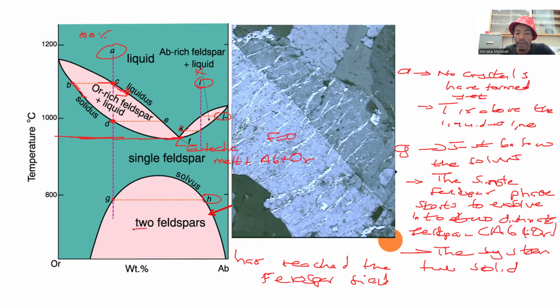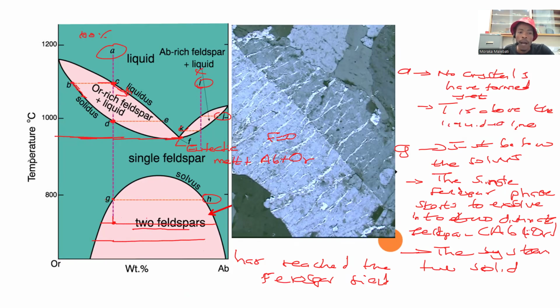This is the two feldspar field now. Okay, and then of course, you guys always know, which is why I'm saying that if you haven't yet visited our video on the binary, wherein we're explaining things like the lever rule. So at any point in time, say you are here, you'll be able to understand how much of the albite do I have, and how much, even if I'm here, you'll be able to do that using the lever rule.